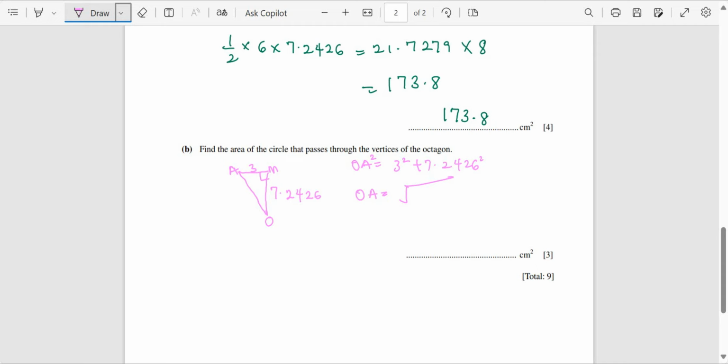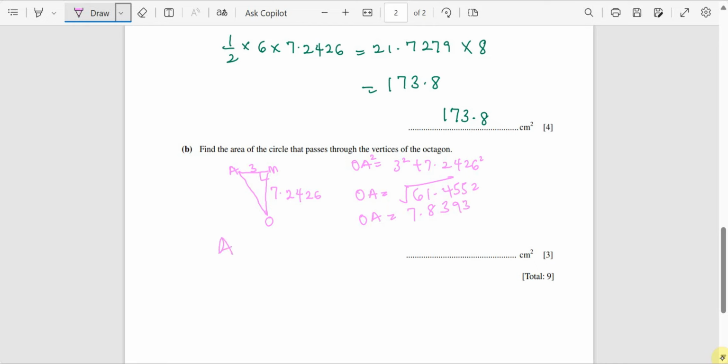So let's get our calculator. 3 squared plus 7.2426 squared. That would give us 61.4552. Then we find the square root of that. OA is 7.8393. That's the radius of the circle.